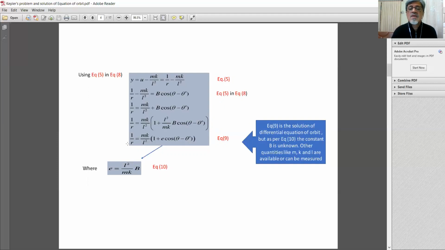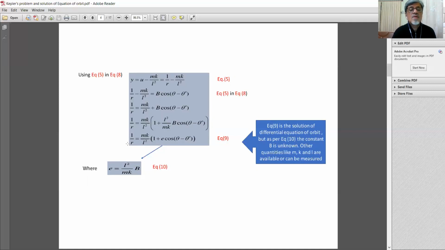Now this is the solution of the differential equation of the orbit, and we call it equation number 9. And e is the constant that is represented by equation number 10. But as per equation number 10, the constant b is unknown. If you notice equation number 10, L square is the angular momentum, m is mass, k is the constant.